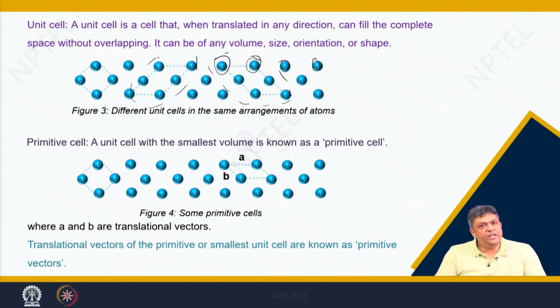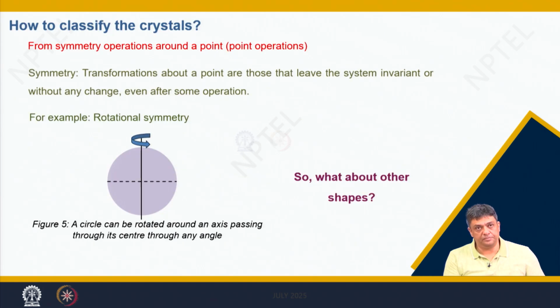And the primitive cell is the smallest volume cell which is there, and it can then follow the translational vectors A and B, and you will get the points where atoms are placed. So, how do you differentiate one lattice from the other?